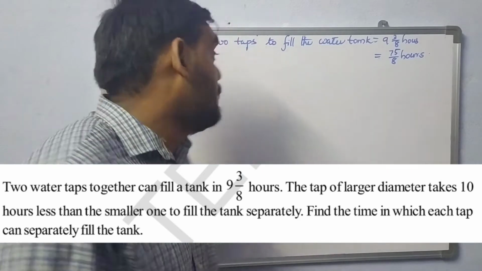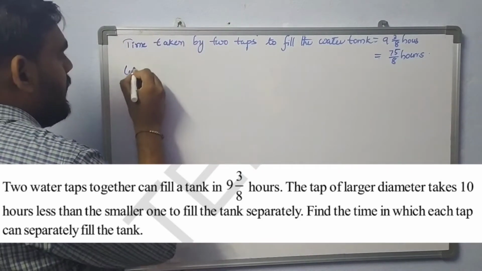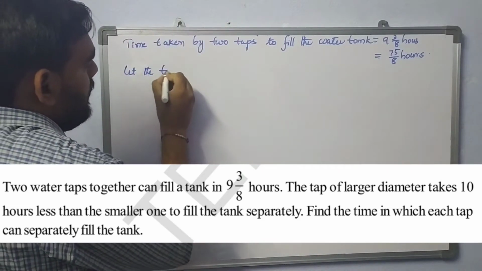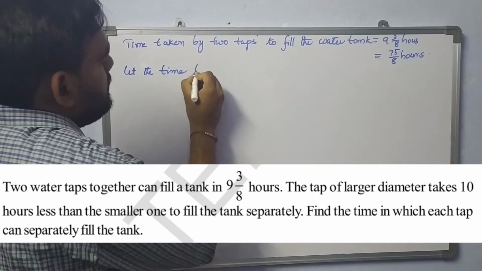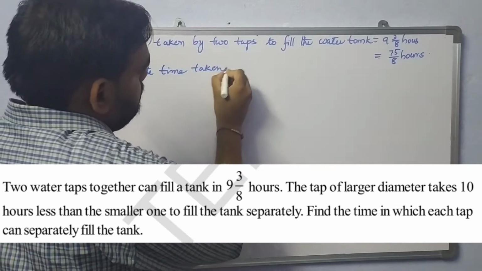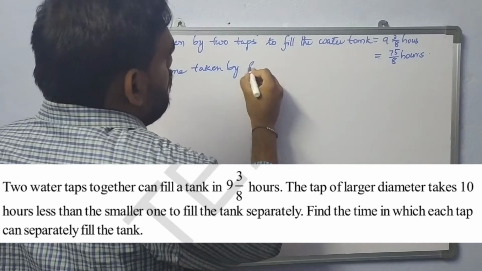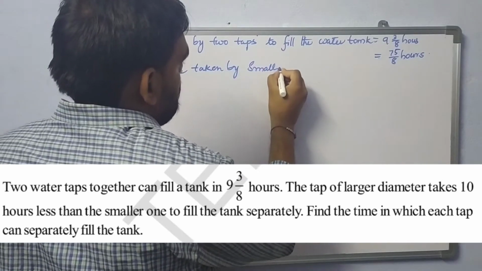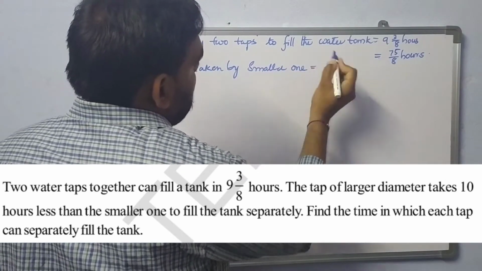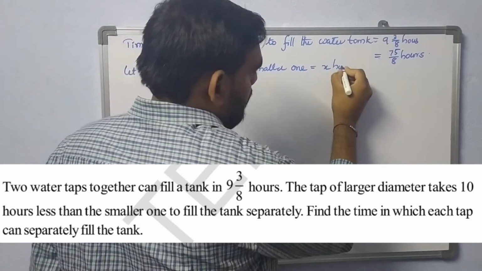Next, we need to find the time taken by each tap when they fill the tank separately. So let the time taken by the smaller one be x hours.